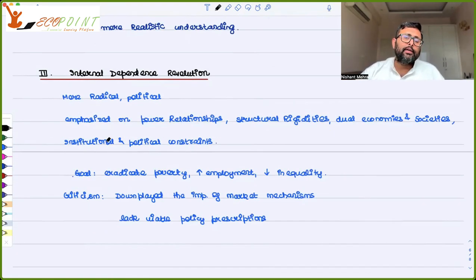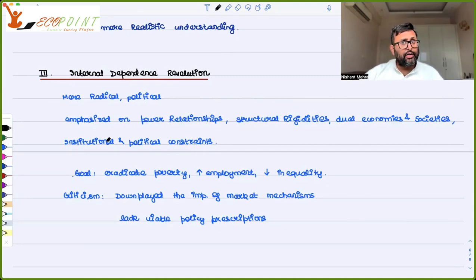Then you have the internal dependence models. These models assume that earlier you had colonial powers and colonies. These colonial, imperialist powers used to exploit colonies. They say that nowadays also, these MNCs exploit these poor countries.